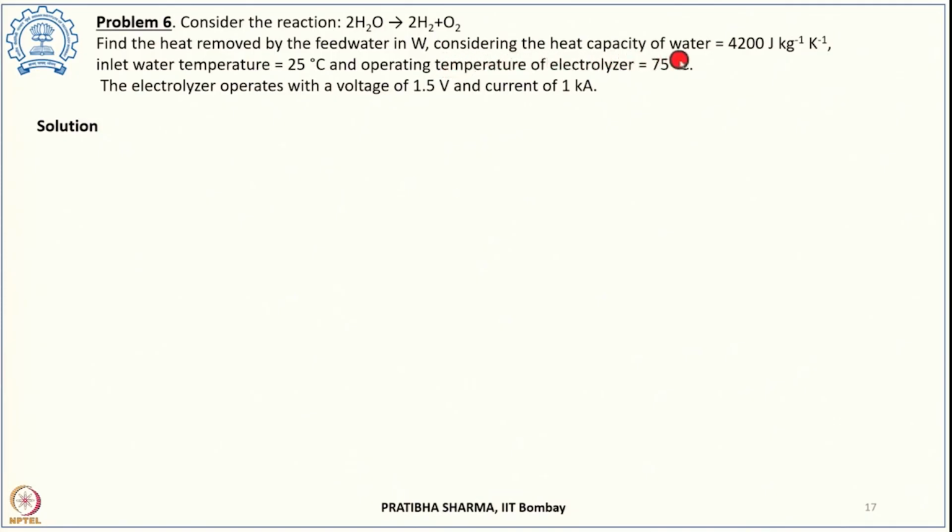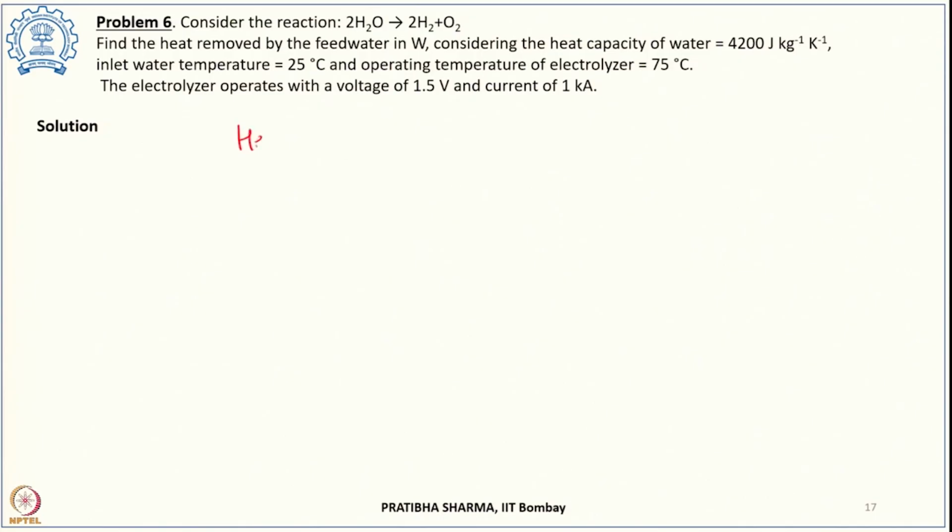Considering that the heat capacity is given as 4200 joule per kg per Kelvin, provided that the water at the inlet side was at 25 degree centigrade and the electrolyzer operates at 75 degree centigrade. The electrolyzer operates at a voltage of 1.5 volt and current of 1 kiloamps. So under these conditions we have to find out how much heat is being removed by the feed water. Now let us do that problem.